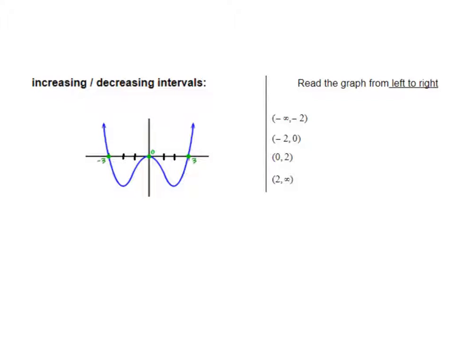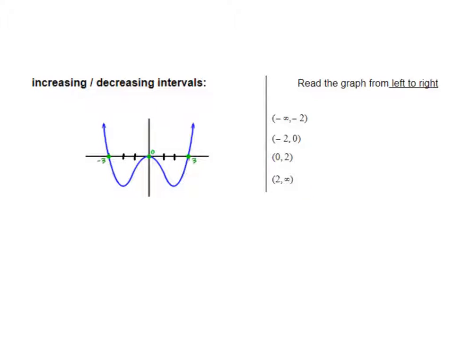All right, now we have increasing and decreasing intervals. The important thing to remember when you look at increasing and decreasing intervals on a graph is that you read the graph from left to right. So it's not like end behavior. Here you have to read the graph from left to right. So we're going to look at this interval from negative infinity to negative 2. And I'm going to highlight that.